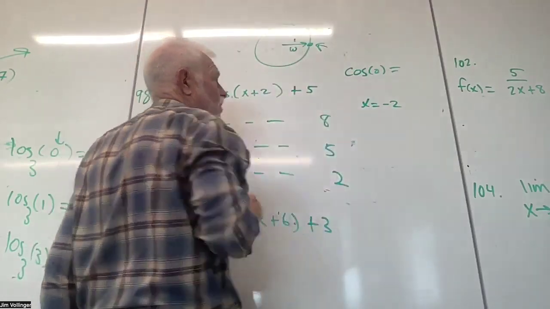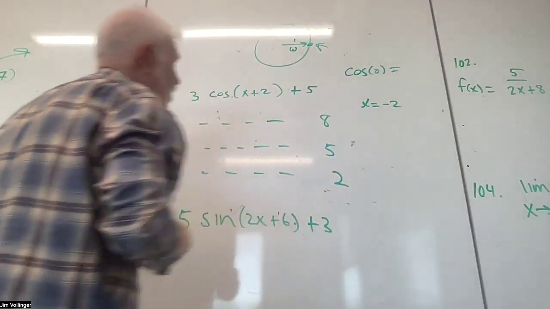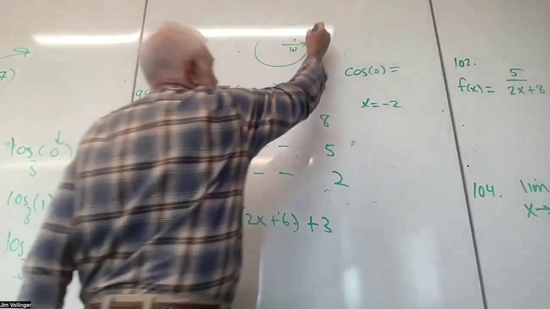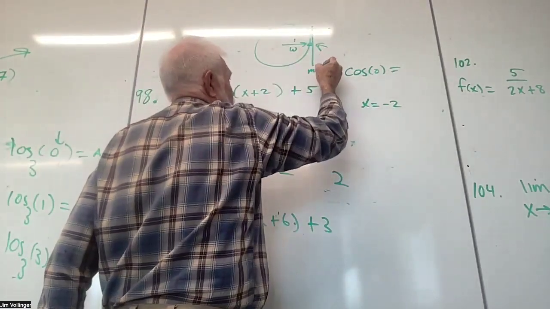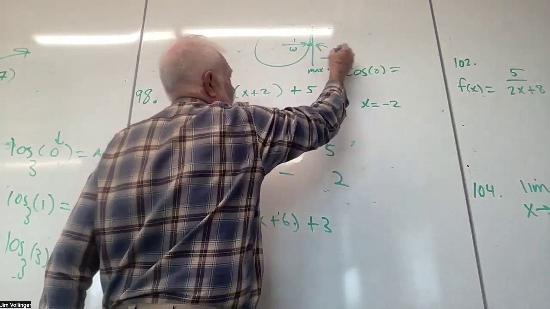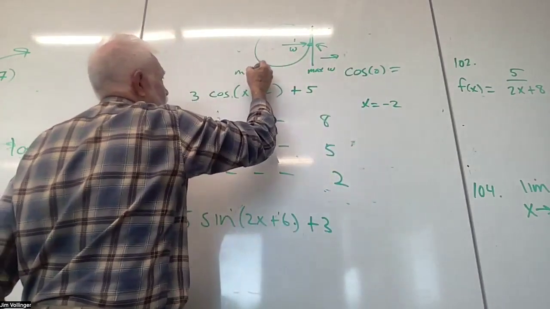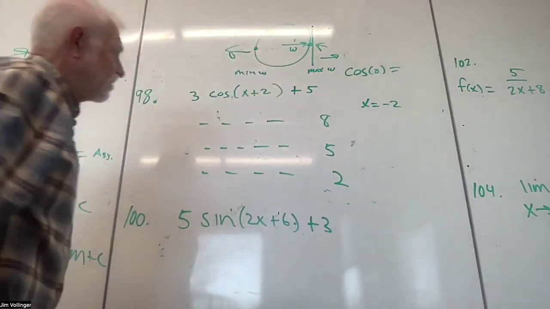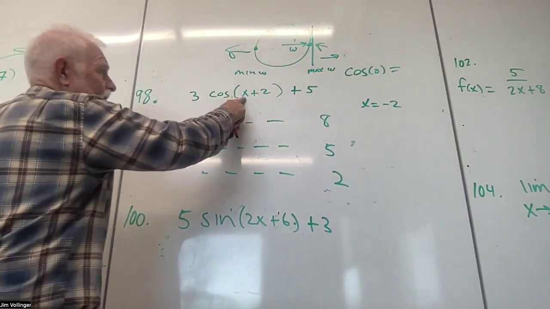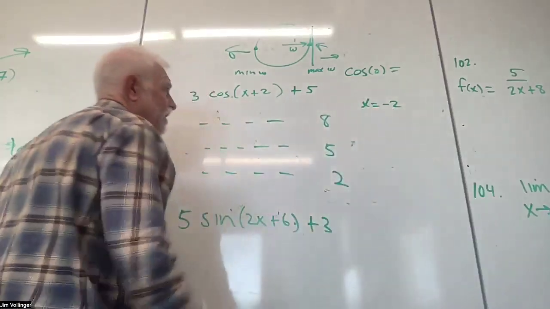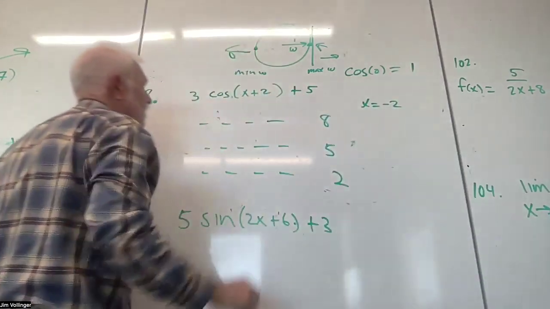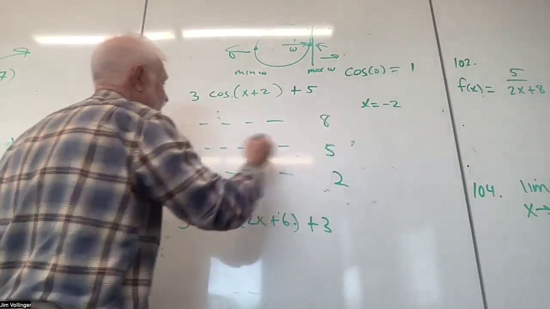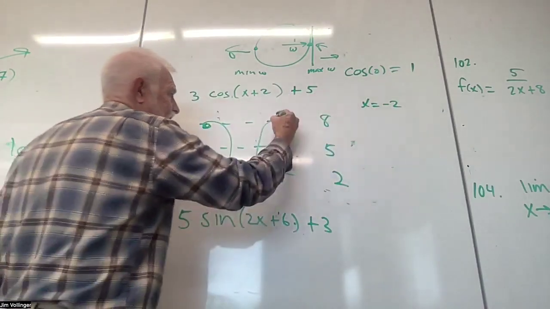What's the width divided by 1? Hope you said 1, which is the maximum width. This is maximum W on this side, minimum W on that side. So I'm going to max at -2. The cosine of 0 is 1, and 1 times 3 is 3 plus 5 is 8. I'm right here, and I'm going to come back to there.